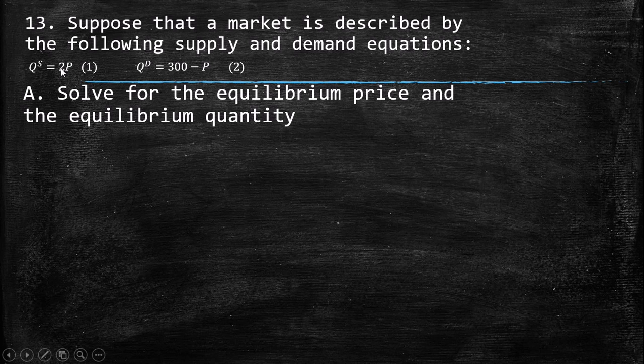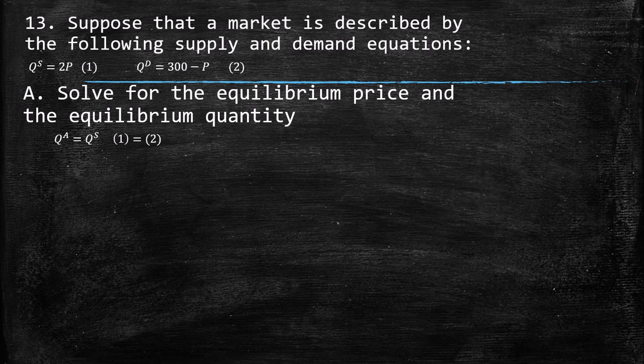Here the supply is positive, and the demand is negative because the demand is downward sloping. Okay, so the first question is: solve for the equilibrium price and the equilibrium quantity.